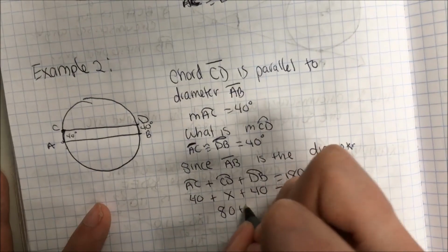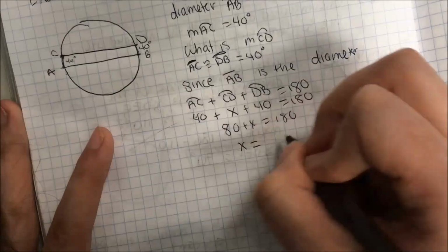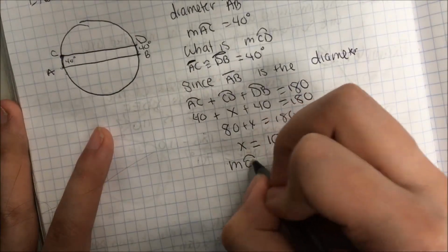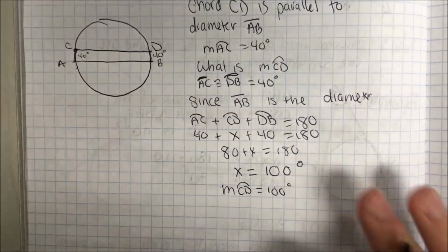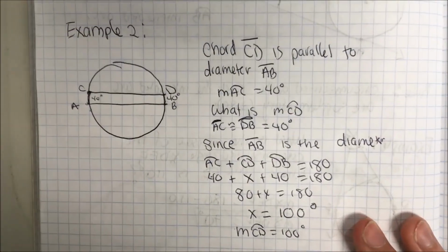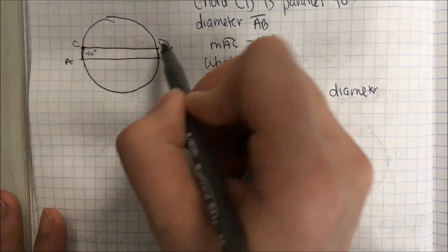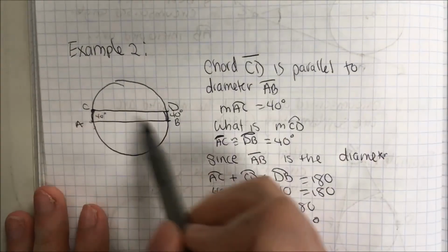And then we're left with 80 plus x equals 180. Subtract that 80, and we get x is equal to 100. So measure of arc CD is 100 degrees. So we have to remember that these intercepted arcs of our parallel chords are congruent to each other.